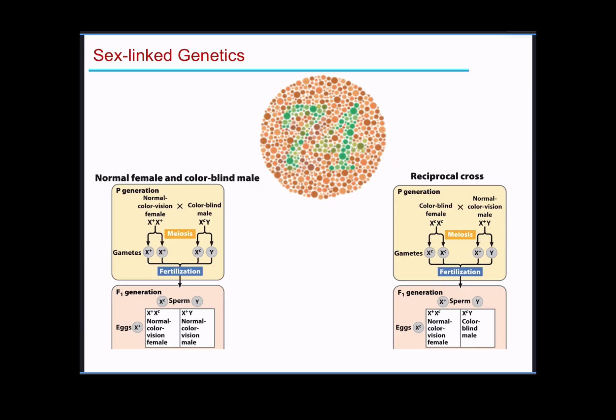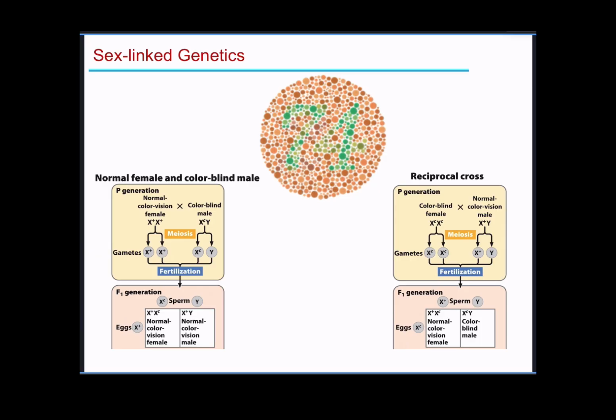And what happens is just like we described for flies, you can go check it out later, but because this allele is on the X, for a woman to experience this form of color blindness, she has to be homozygote recessive for this. So both her X chromosomes need to carry the mutant allele, or the allele for this form of color blindness. For males, all they need is one copy of this mutant allele because they're hemizygotes.